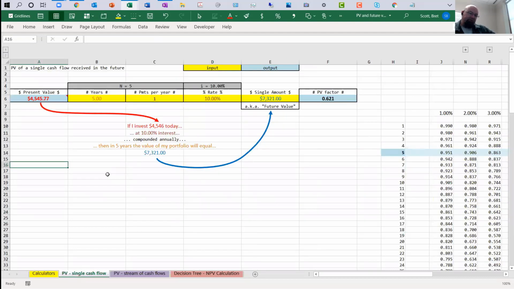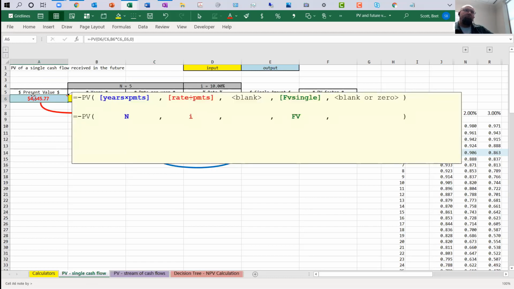If you're still a little bit confused about how to interpret present value calculations, I've sort of inputted some other tabs that explain those things. So in the case where we know the future value is 7321, interest rate was 10, let's say once per year, 5 years, present value 4545. This also shows you, just hover your mouse over the cell, it will show you the formula I'm using.